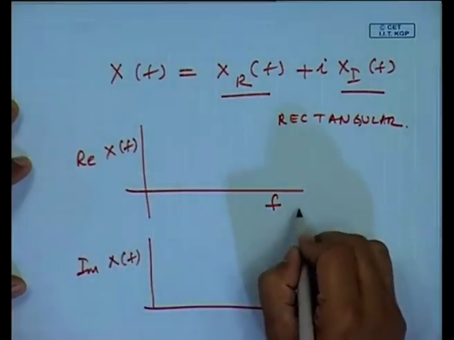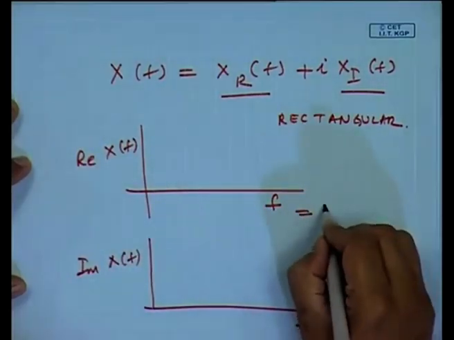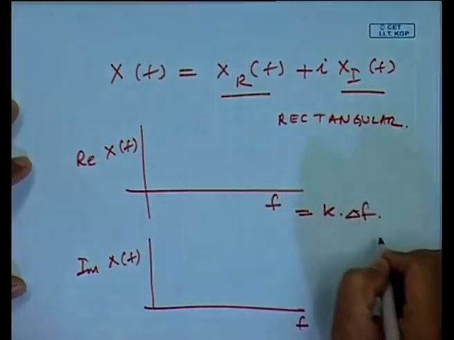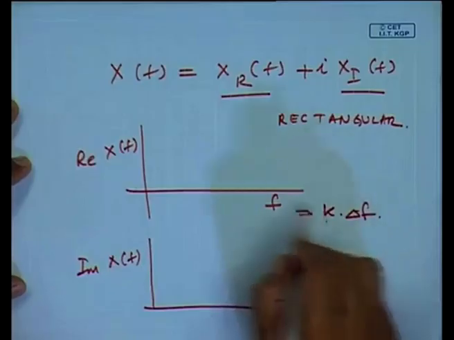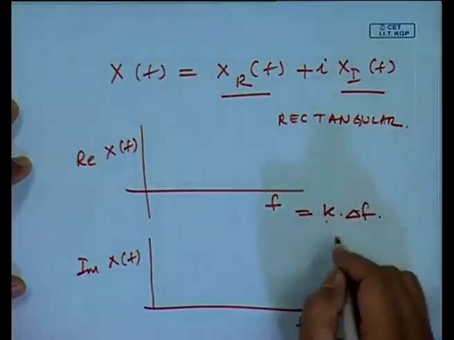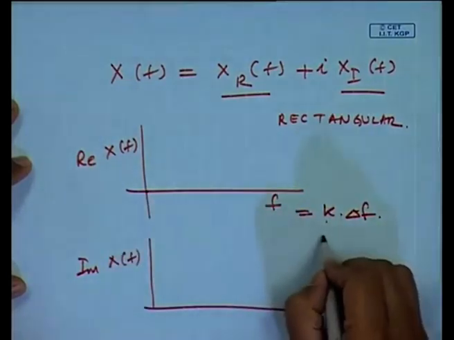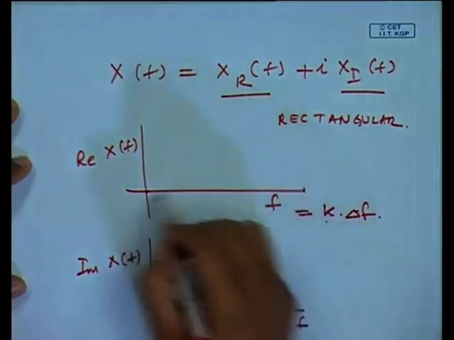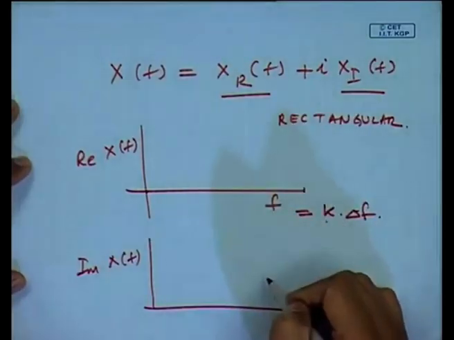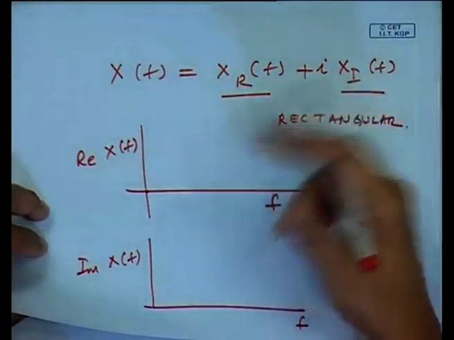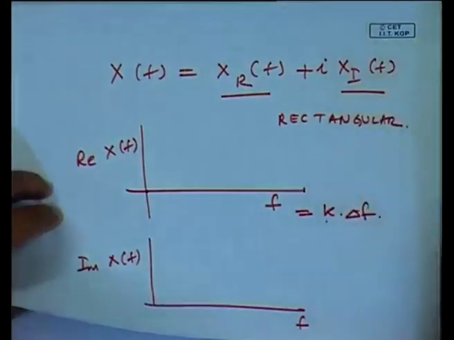And you know how this f is related to k times delta f, where k varies from 0 to N by 2. So, I will get the frequency spectrum, both real and imaginary, and then I can represent them in the polar form, by the magnitude and the theta.